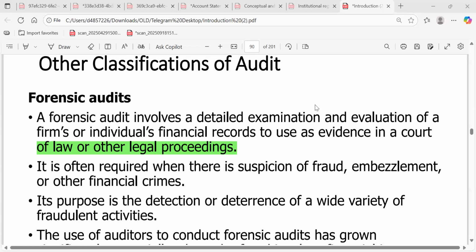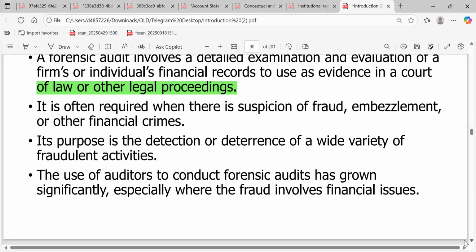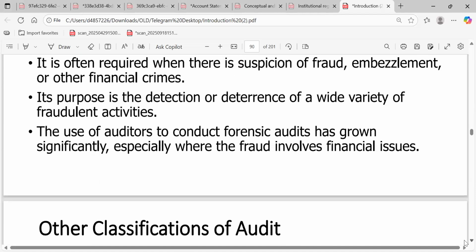So the essence of this forensic audit is that when he gets the evidence from it, he can use it in his legal what? Proceedings. So normally findings from forensic audits are used for what? Legal proceedings.